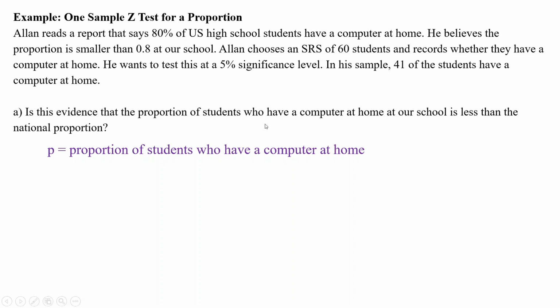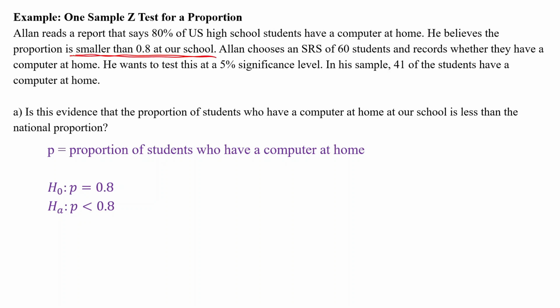The next piece is our hypotheses. And what I'm going to set up here is our null is equal to that national proportion. We're going to assume that our school follows that national proportion, that 80% of students have a computer at home. What Alan believes is that it's smaller than 0.8 at our school.